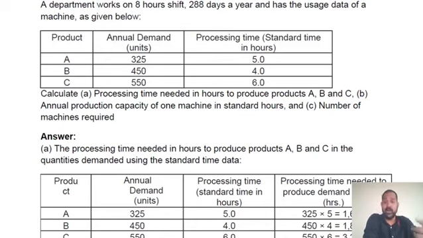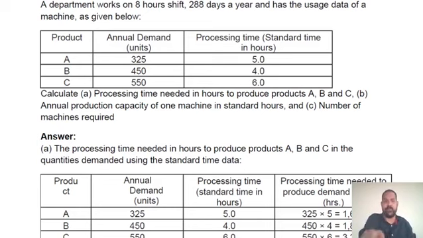See, now here they are basically asking you to separately note it down. So it's okay, you find the processing time required for A, B and C and give it to them as a proper solution. So write down A, and under A we will write down the processing time required to produce the annual demand of product A, then product B and product C, and so on.